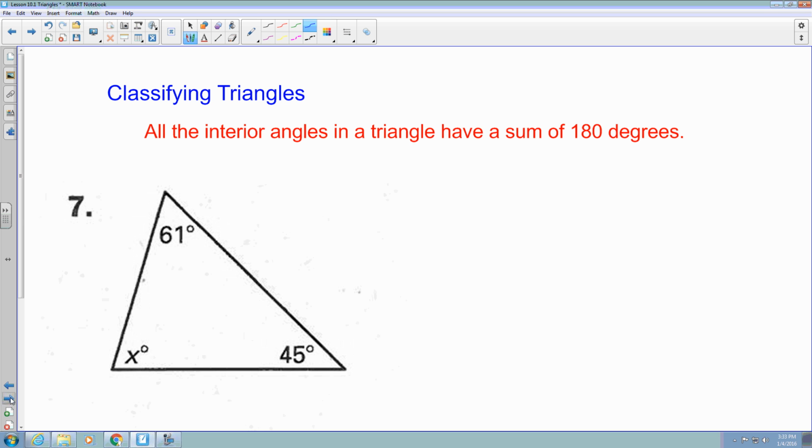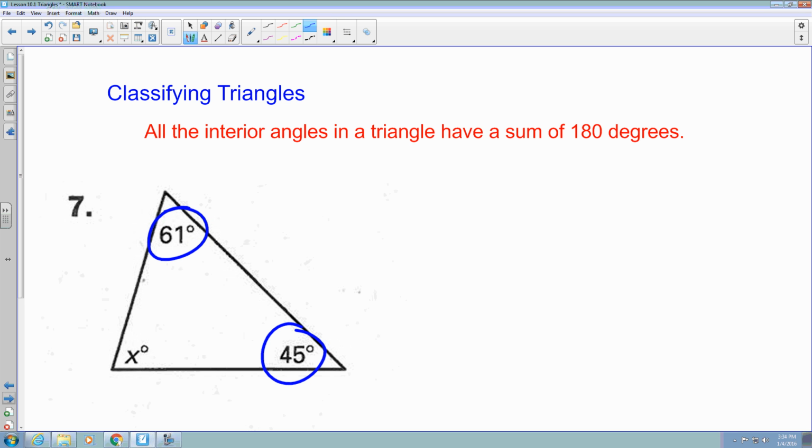One of the rules that we talk about when dealing with any type of triangle is that all of the interior angles in a triangle have a sum of 180 degrees. I have a triangle here where they're giving me two of the measurements: 61 degrees here and 45 degrees right here. They're asking us to find the third angle.